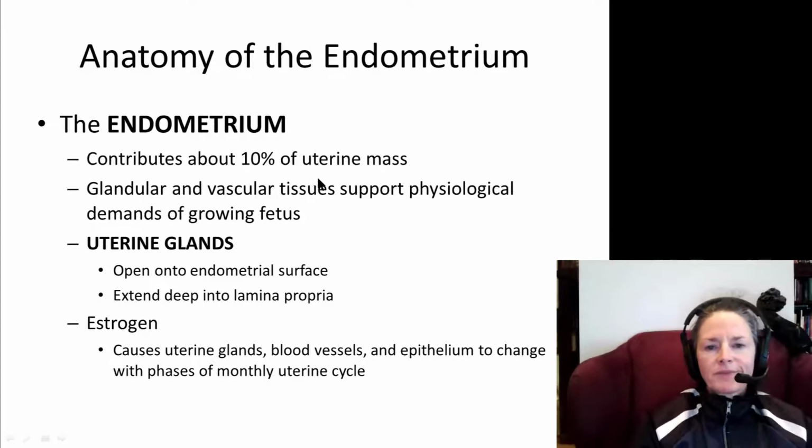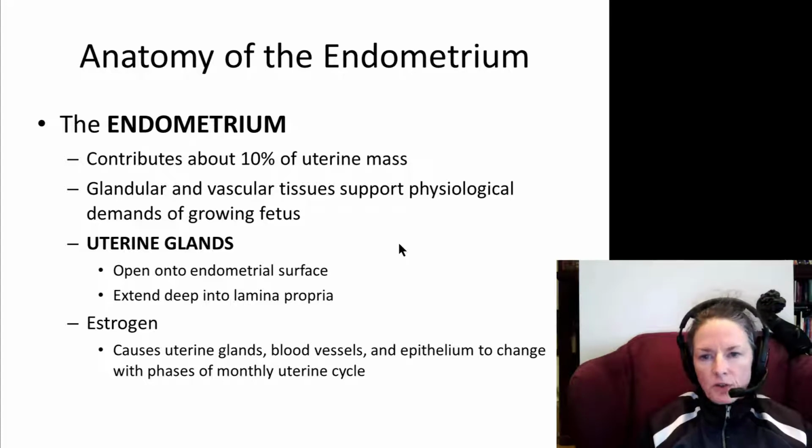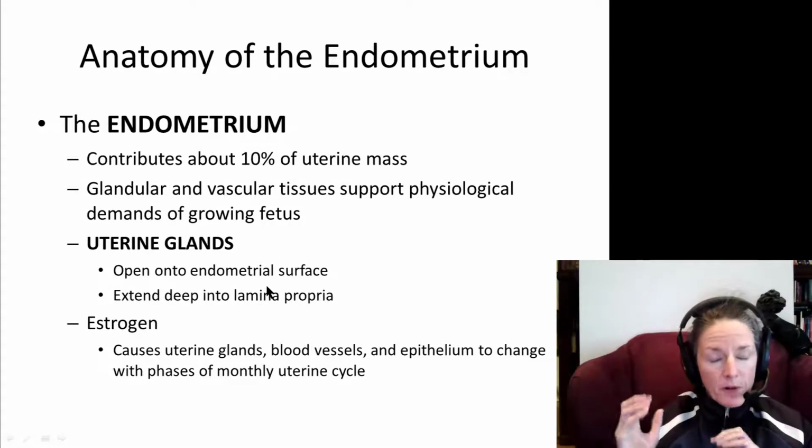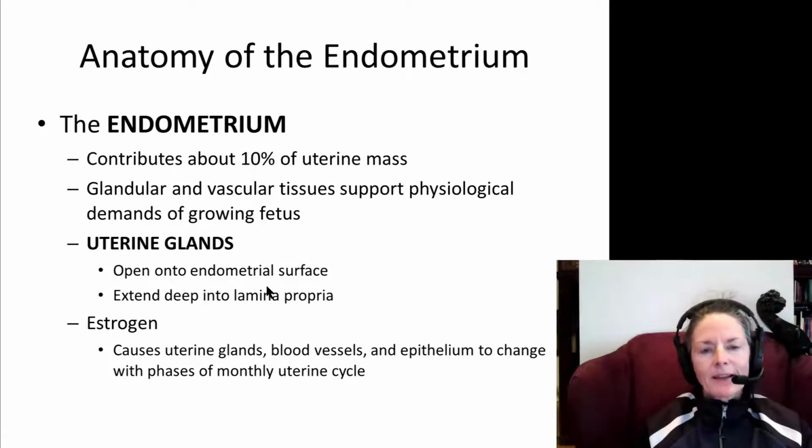So the endometrium is somewhere around 10% of the uterine mass. This is going to change throughout the uterine cycle, and we've got basically vascular tissue, so lots of blood vessels in here, and lots of glands in here. So we're going to have lots of uterine glands that will become particularly prominent during the second half of the uterine cycle.